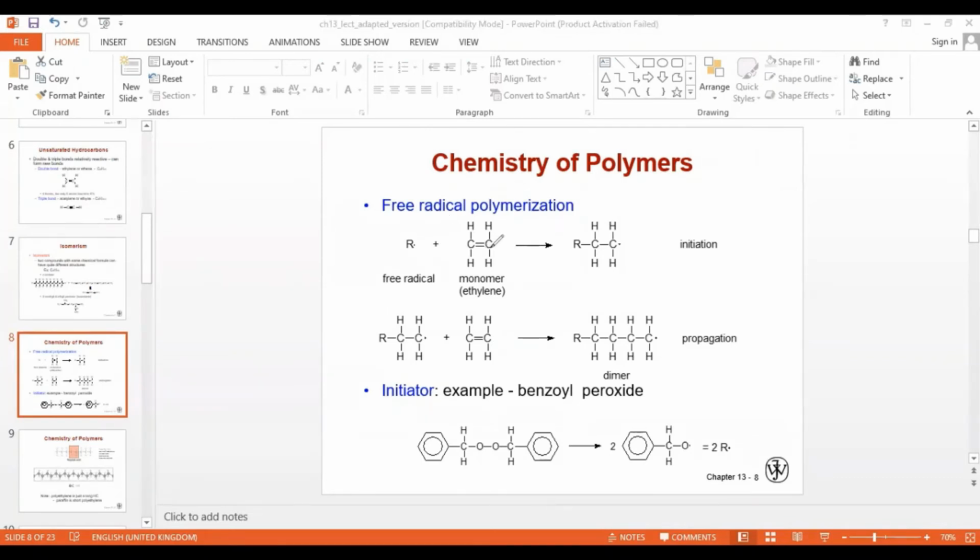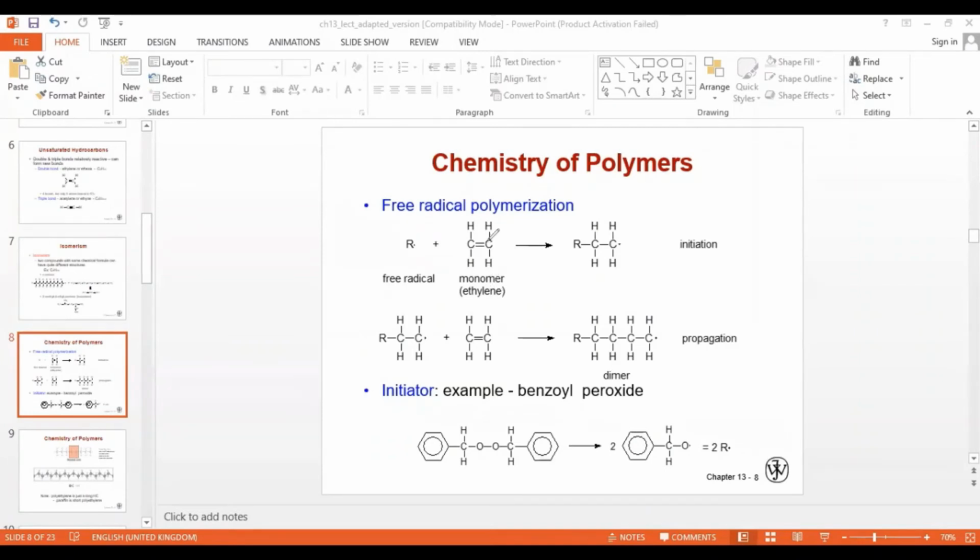I told you most of the time the polymers are hydrocarbons. C and H would be there most of the time. And here you see this is the monomer. By the name monomer, you understand that this unit is going to repeat again and again. And the name is ethylene.